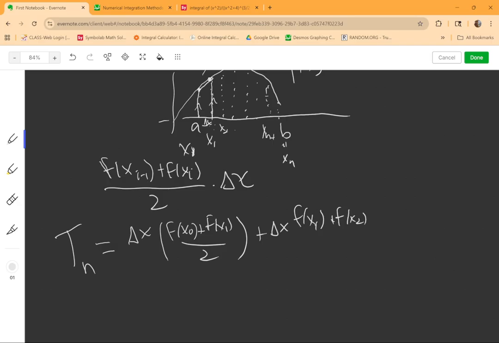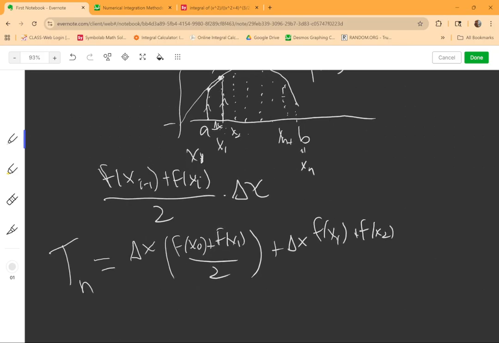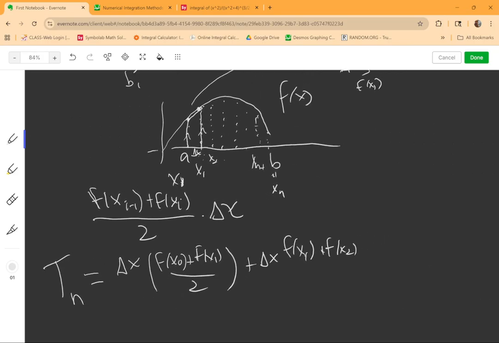Looking at our graph, the second one would be here. So one of the bases is shared from the previous trapezoid.